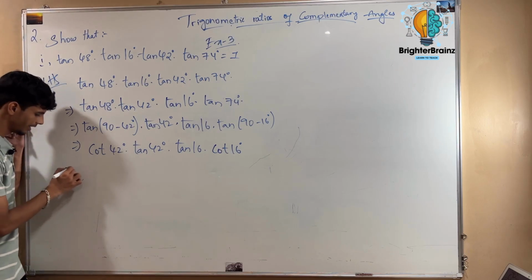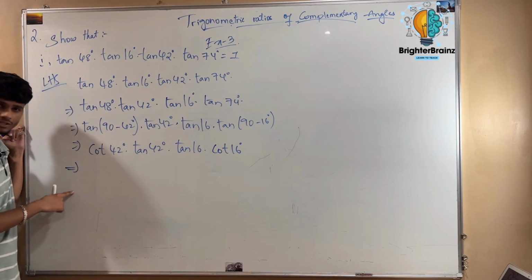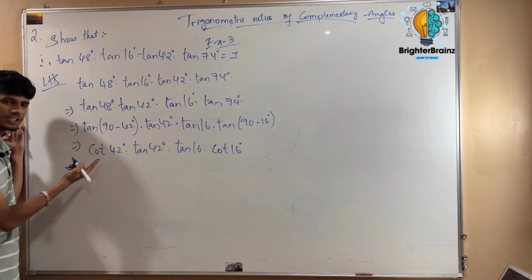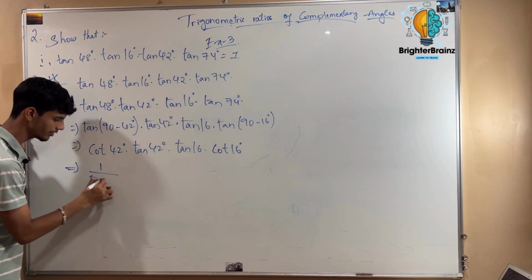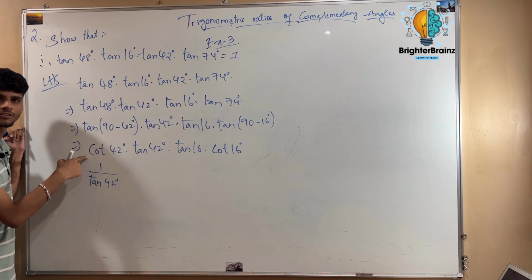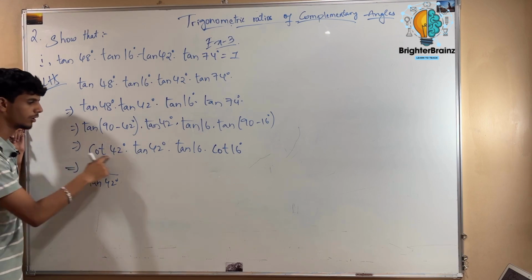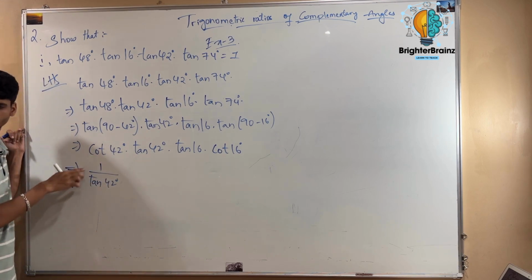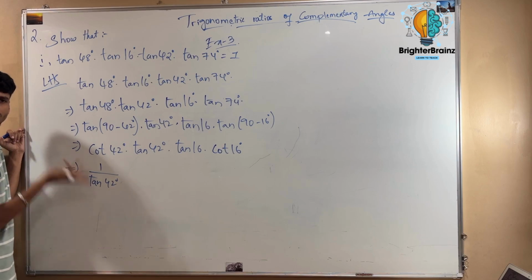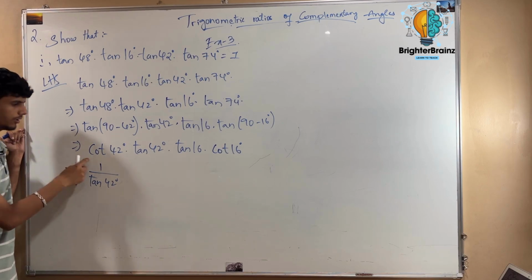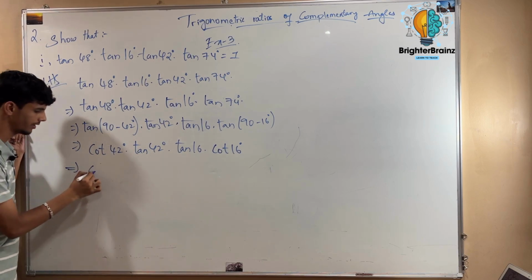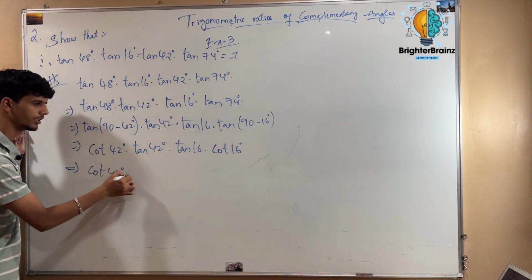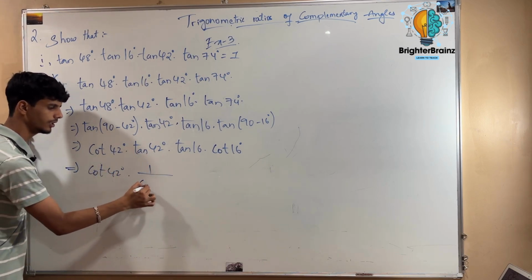So can we write this cot in terms of tan? Cot can be written as 1 by tan 42 degrees. Already it is cot. How can we write? So cot 42 can be written as 1 by tan. అంతే కదా, cot కి reciprocal tan, tan కి reciprocal cot. So suppose ఇలా కాదు, in terms of cot లోనే చేంజ్ చేసుకుందాం. Let us keep it like this, cot 42 into, how can you change?